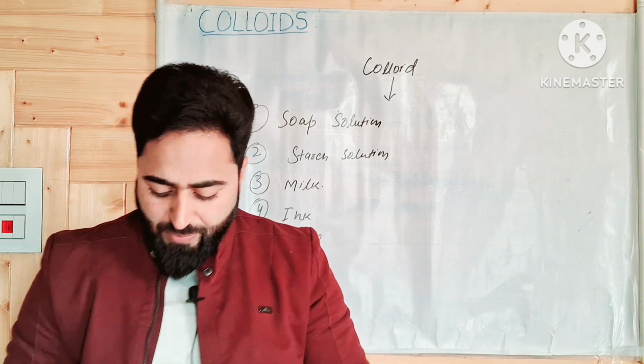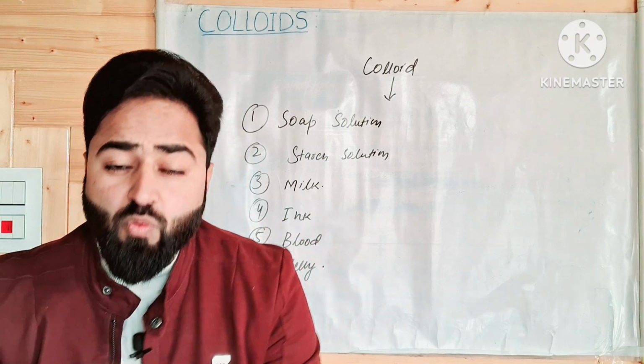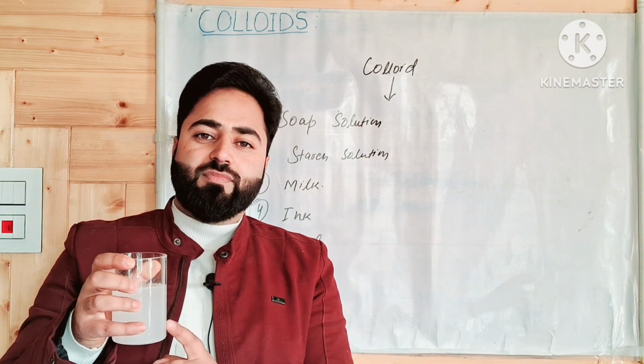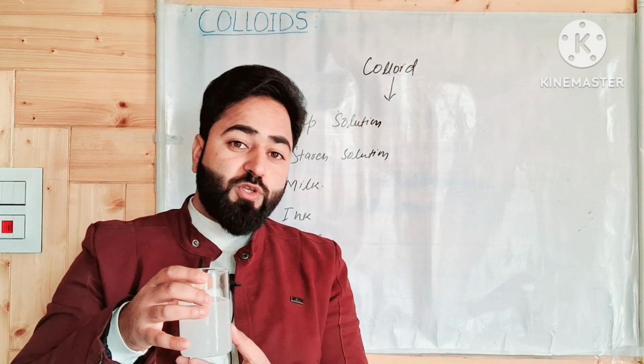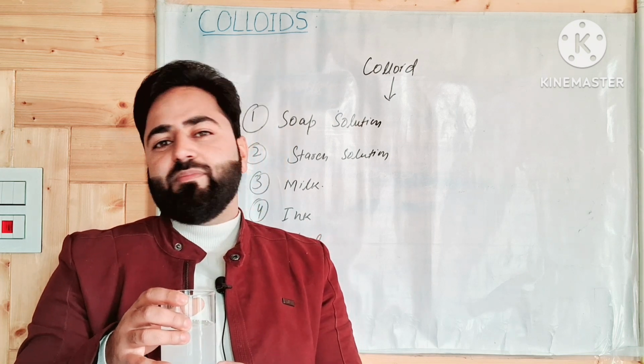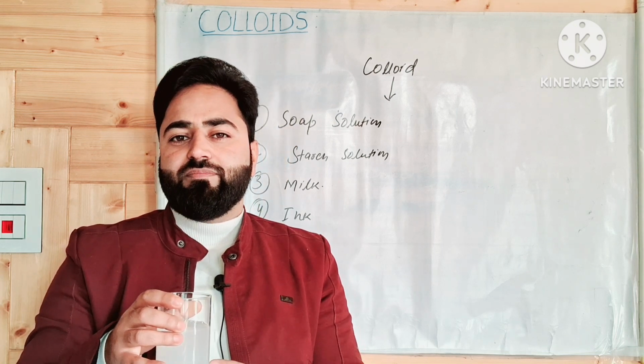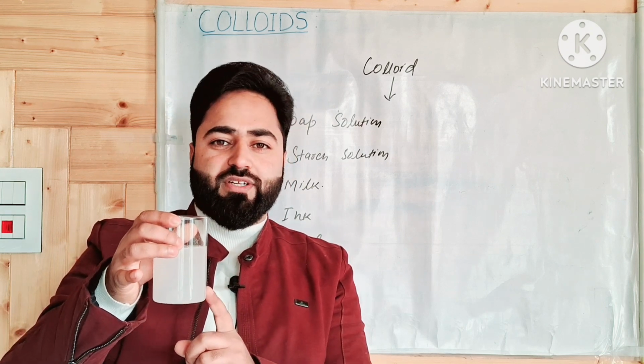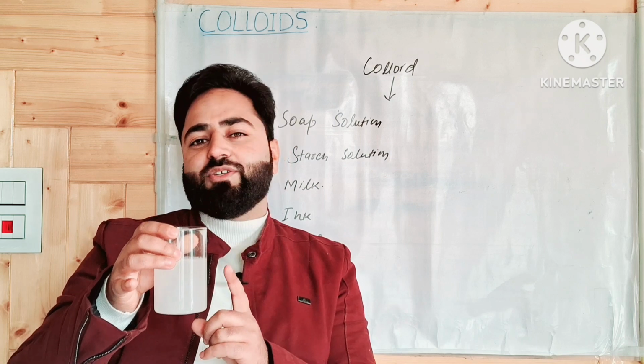Now we will practically check whether a soap solution scatters a light or not. If a soap solution scatters a beam of light falling on it, then we can conclude it is not a true solution. It is a colloidal solution.